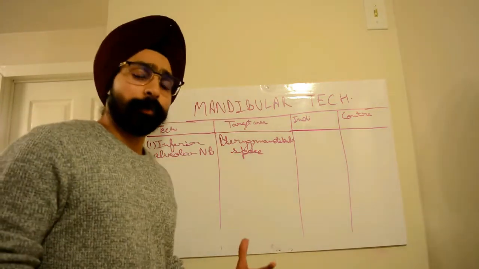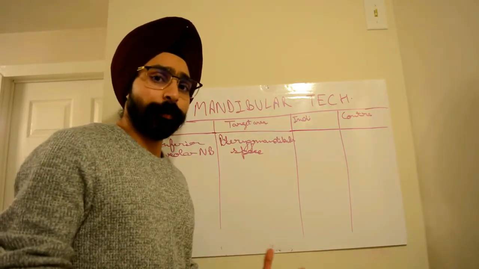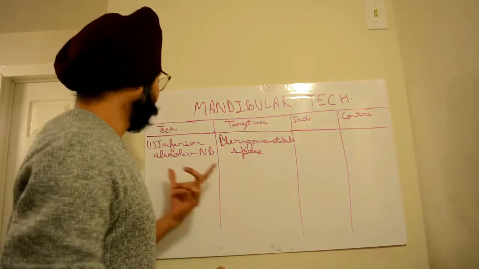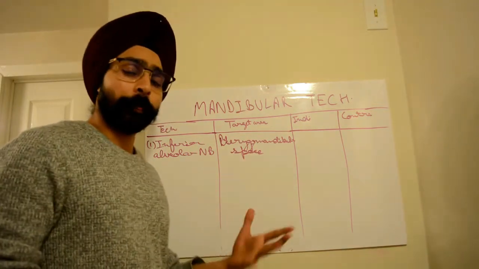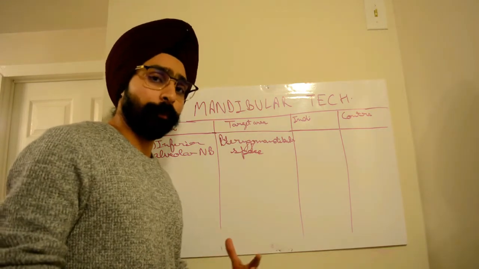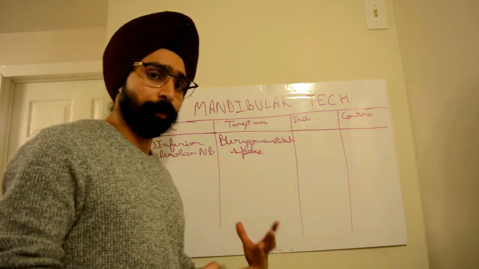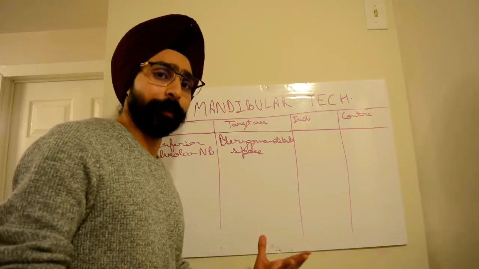As you all know, infiltration does not work well in case of mandible. So the main technique here is inferior alveolar nerve block. Whenever we want to perform extraction or endo treatment on a single tooth or on multiple teeth.